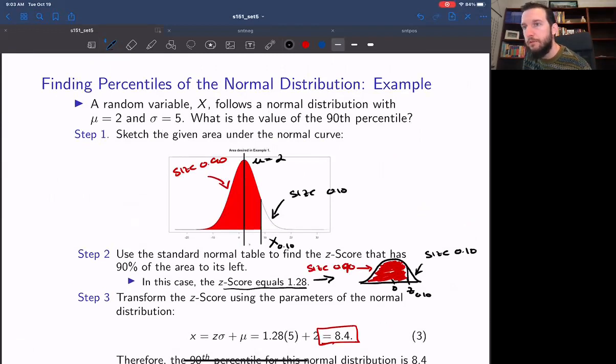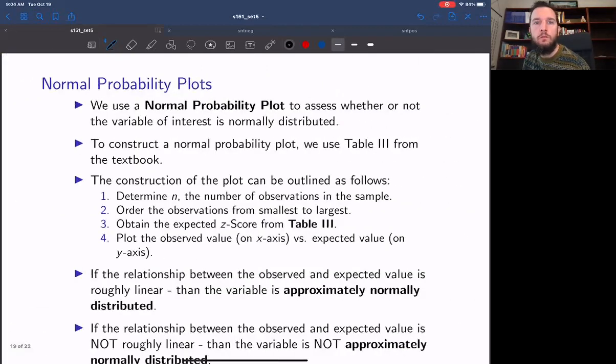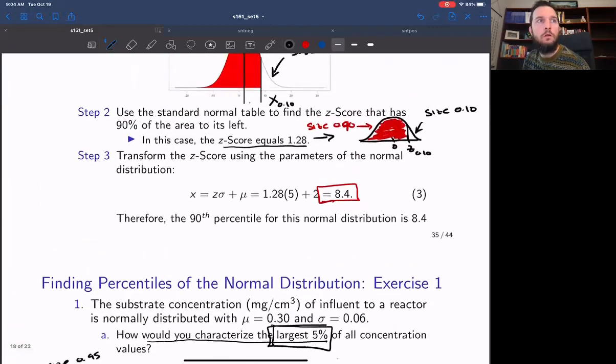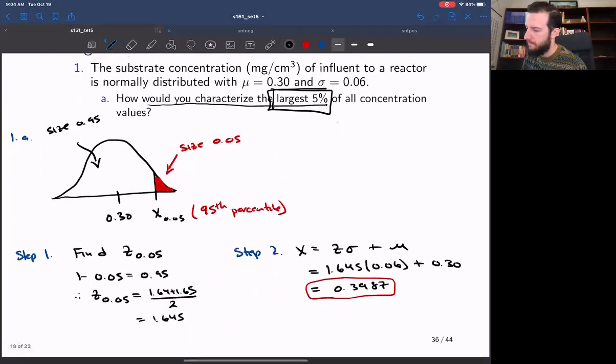So they're completely different parameter sets. This standard deviation is much larger, so the result is a larger value. Any other questions?